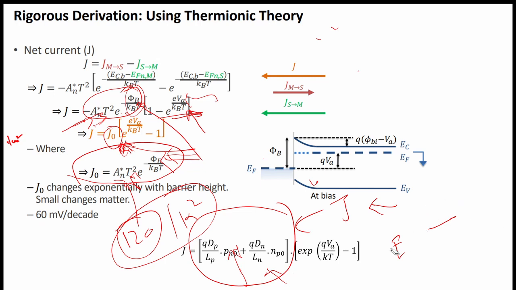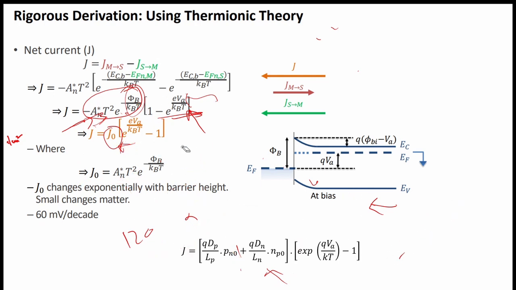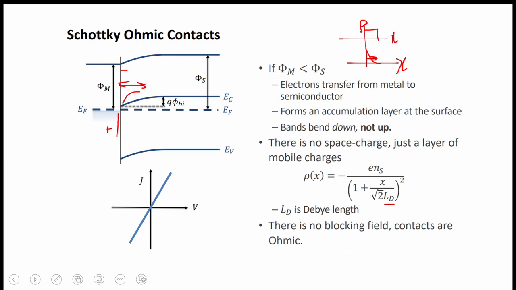And now we will see the other thing: what will happen in the case of ohmic contacts. So this was the metal Fermi level, the work function of the metal, this is phi m.